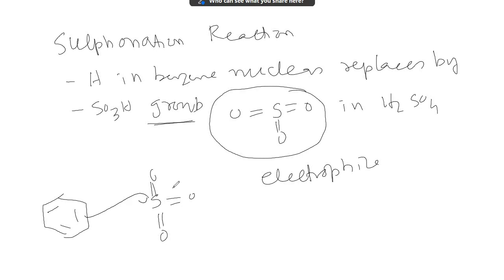This attacks, it moves over here, forming an intermediate like that. The intermediate is unstable, a pentadienyl cation, but the difference in this substitution compared to others, I am showing on the next page.